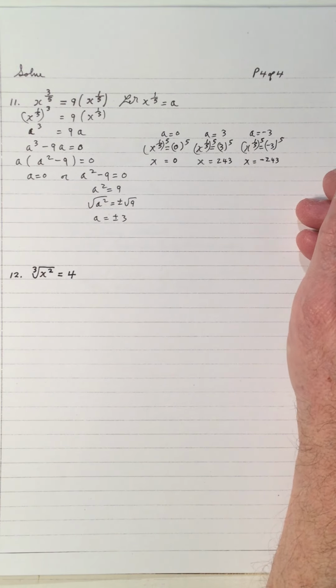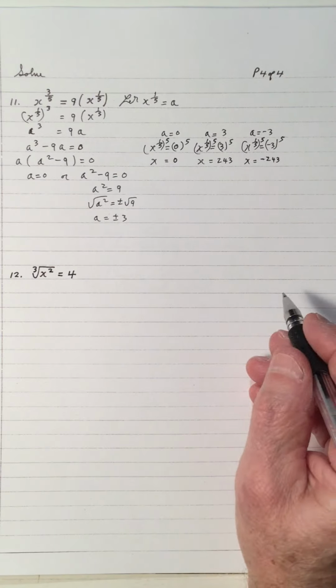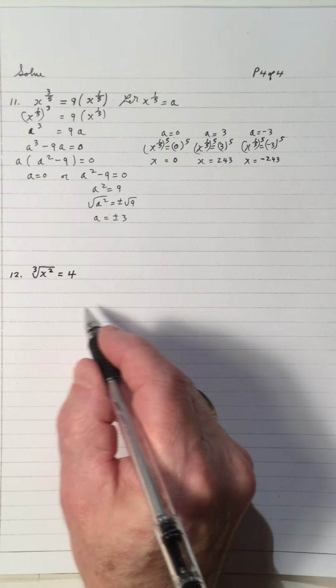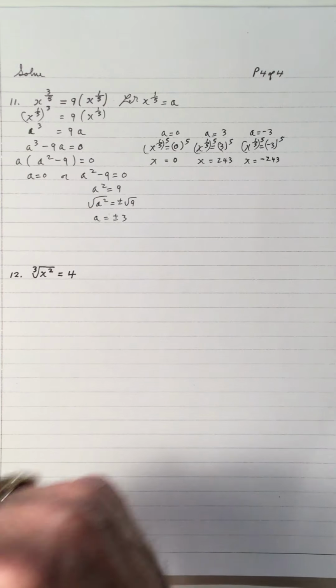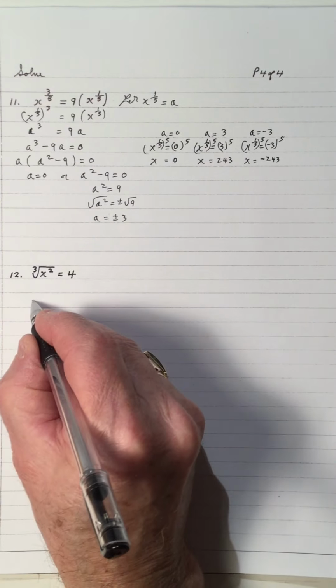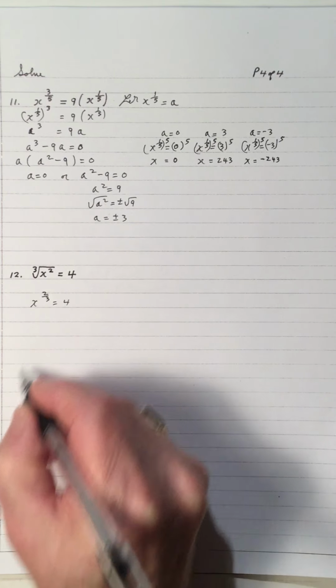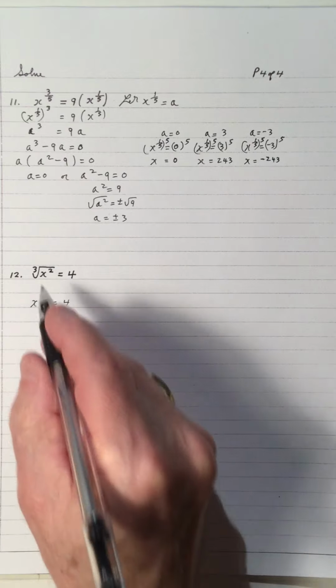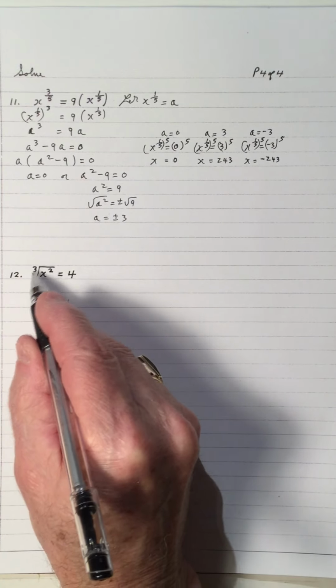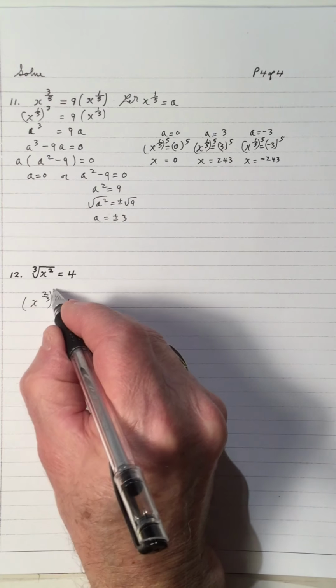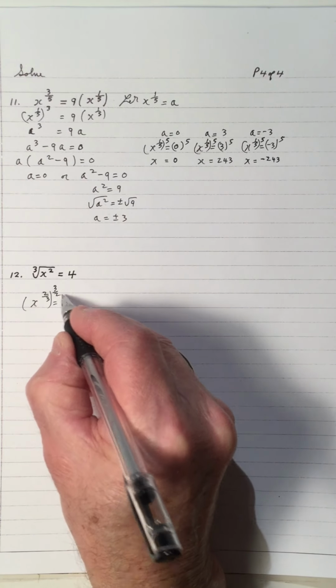Now this one is a little bit different. I'm going to show you the reason I put this one last. If you do what you would think naturally, you would say x to the 2/3 equals 4. So if you change the root to a 2/3, then you would do a 3/2.